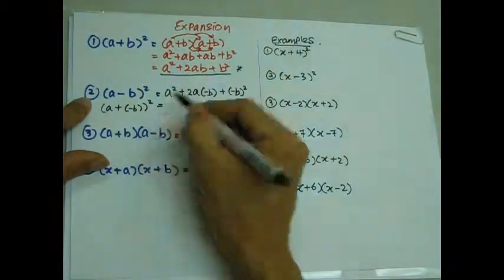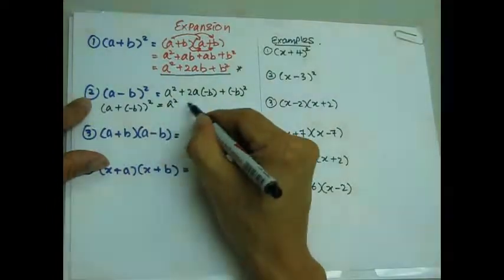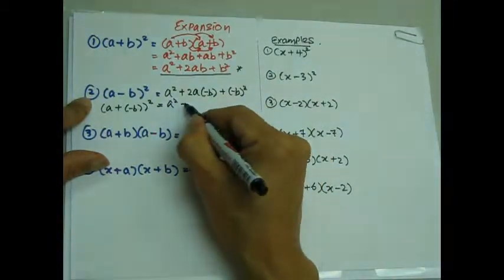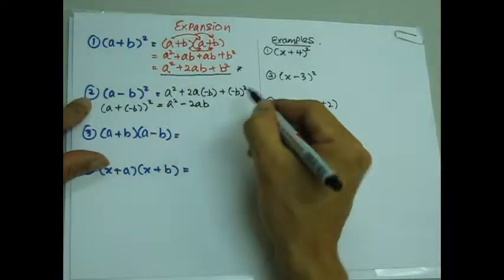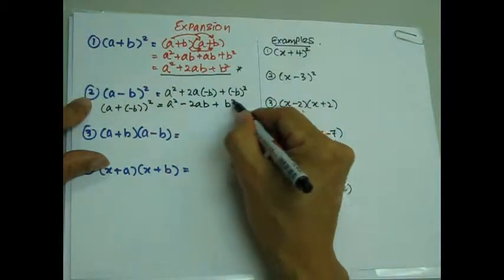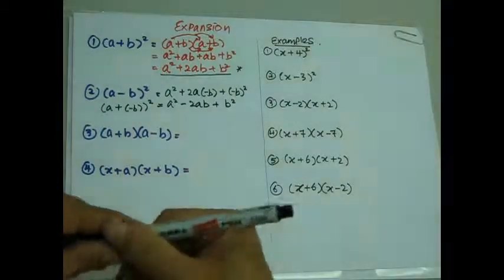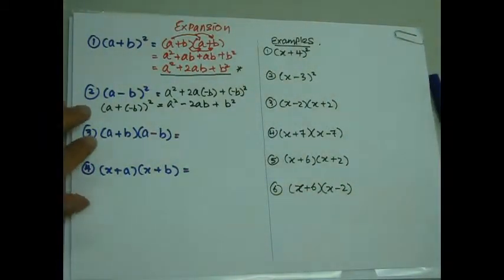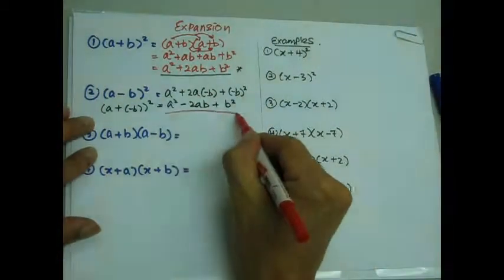So then you will see that this is a squared, this becomes minus 2ab, and minus b times minus b becomes b squared. So that's it. You have a squared minus 2ab plus b squared.